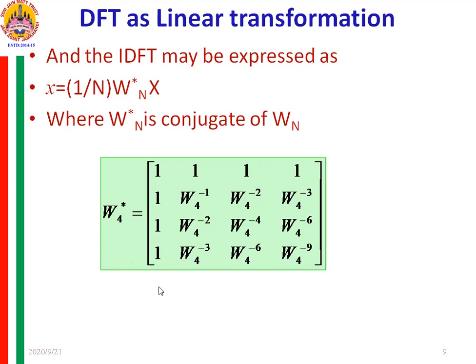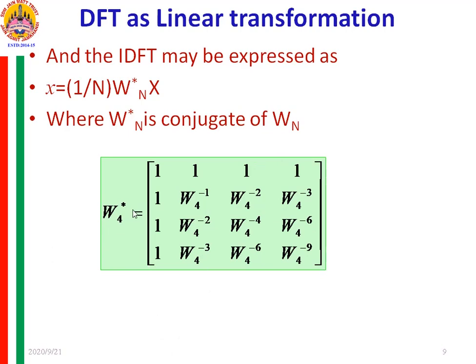So you have to take this conjugate of W4. Previously W raised to 1 4 was minus j, W raised to minus 1 4 will be plus j, and this W raised to minus 3 4 will be minus j. And these two will get the conjugate. The rest of all samples will remain as they are.